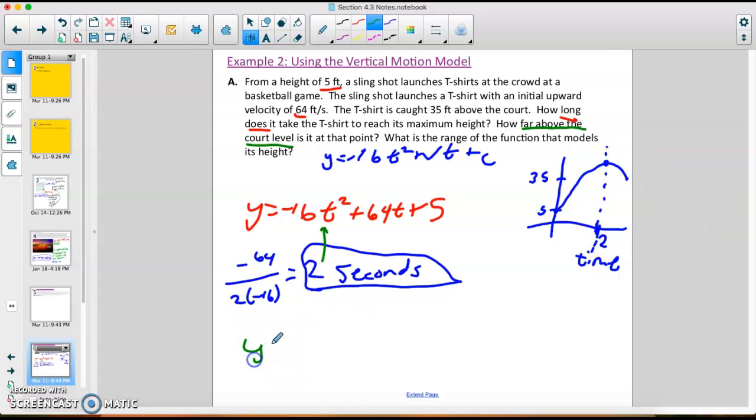So y equals negative 16 times 2 squared plus 64 times 2 plus 5. Calculator work here. Negative 16 times 4 plus 64 times 2 plus 5, and it gets us 69 feet. So it reached a max height of 69 feet.